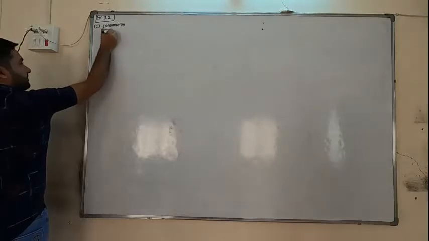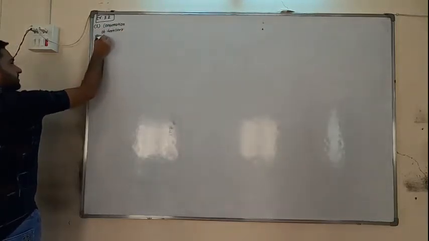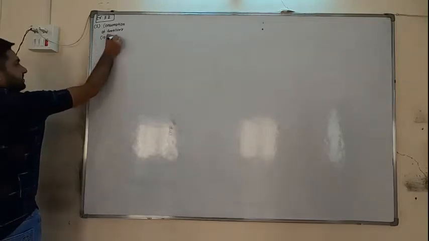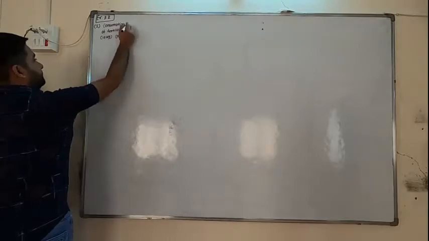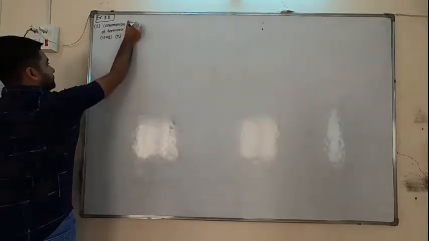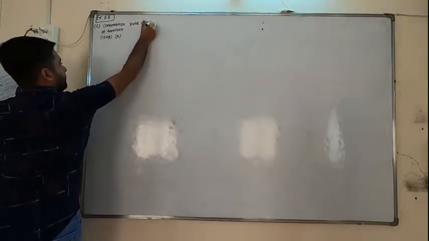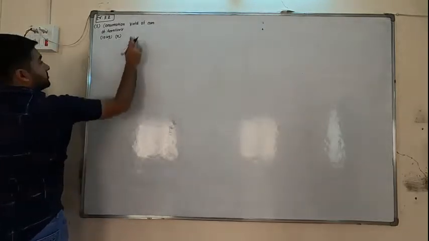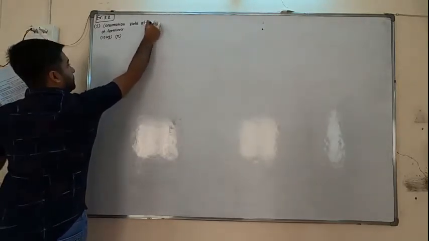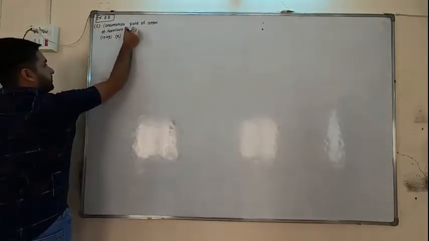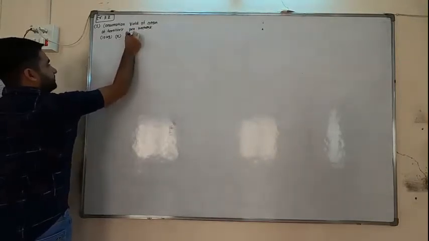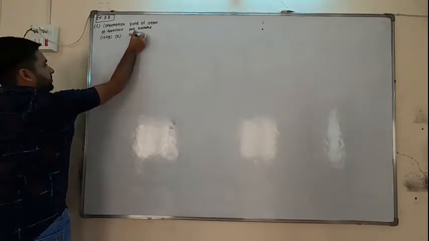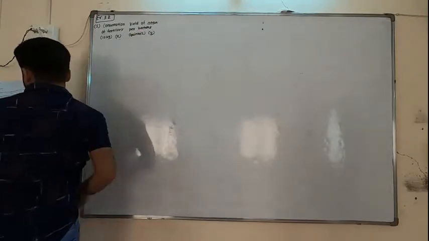Consumption of fertilizer per 10 kg, it is x. Then yield of cotton per hectare in quintals, it is y.